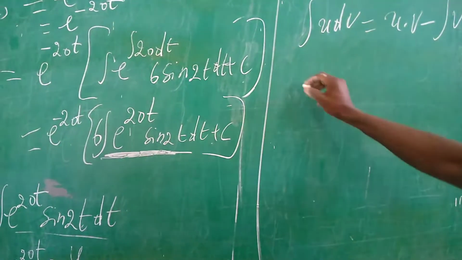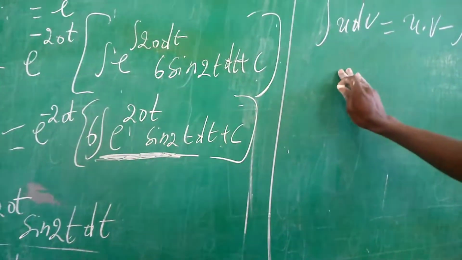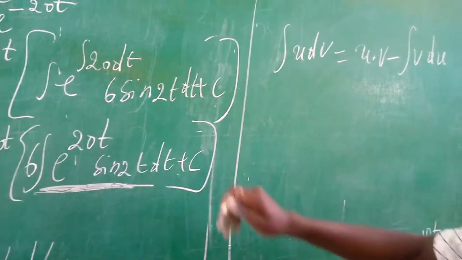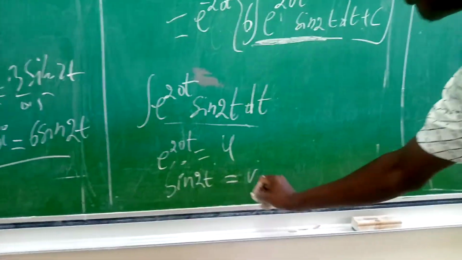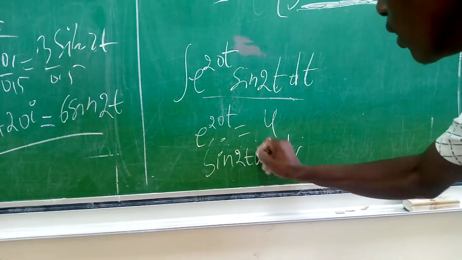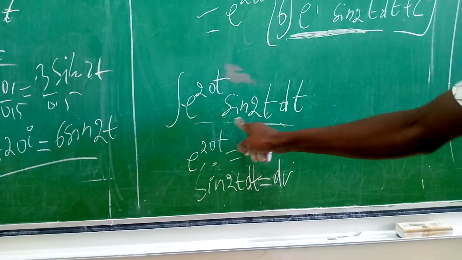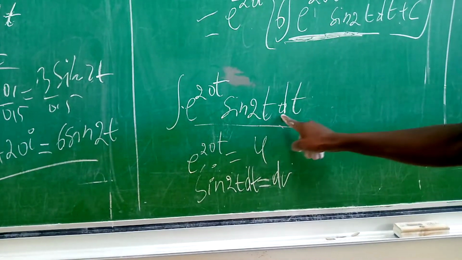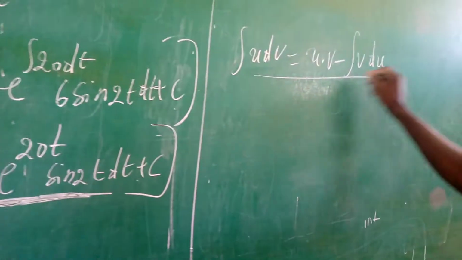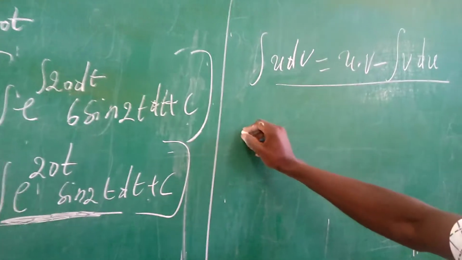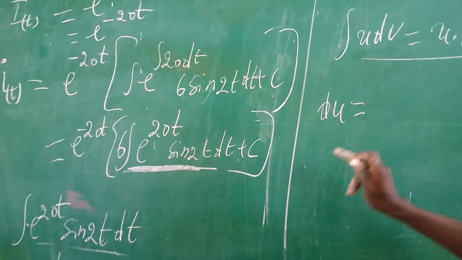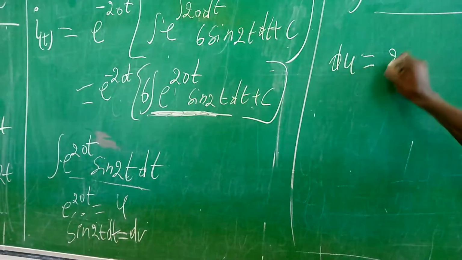How do we get it? Here we take this as u, and what remains will be dv, and then we will use this formula. Then du will be equal to 20 e to the power 20t dt.